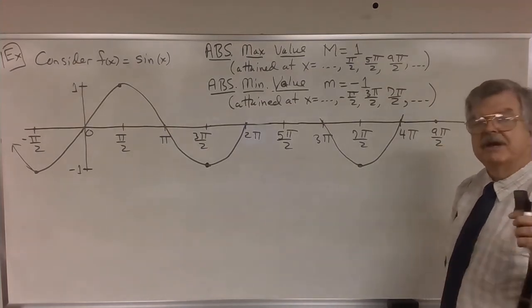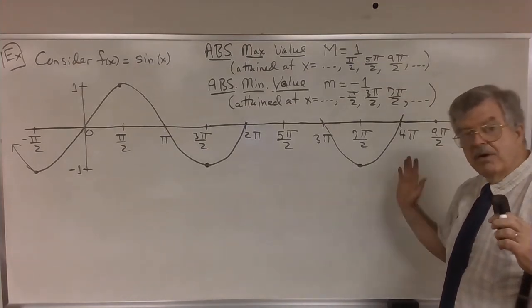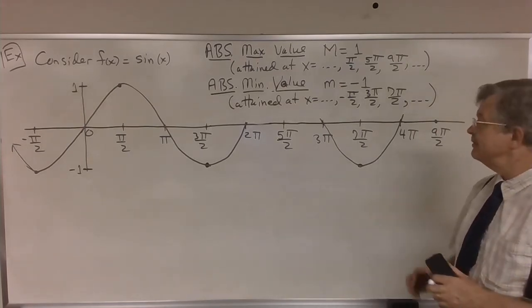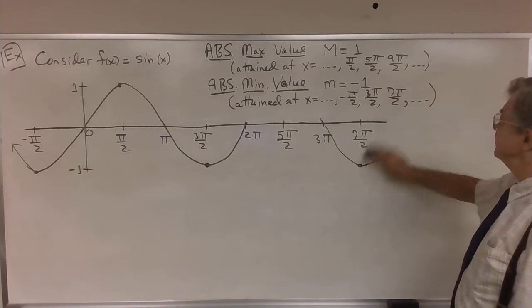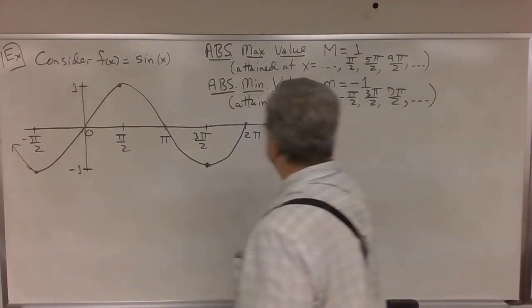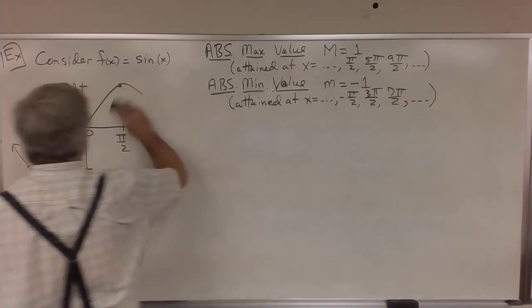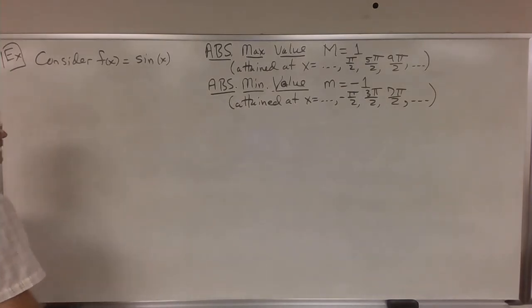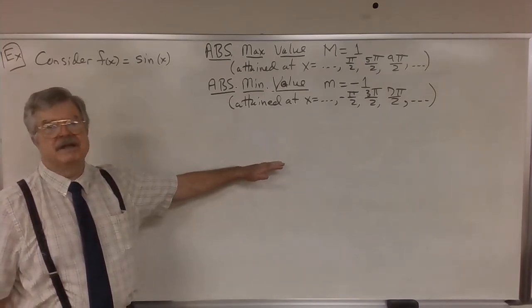The absolute minimum value is attained at more than one place on the graph. Infinitely many, in fact. So here's a function that has both an absolute maximum value and an absolute minimum value. And the absolute maximum and minimum values are attained in more than one place on the graph.